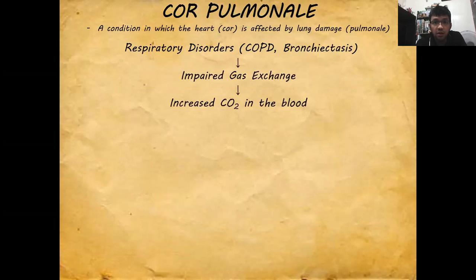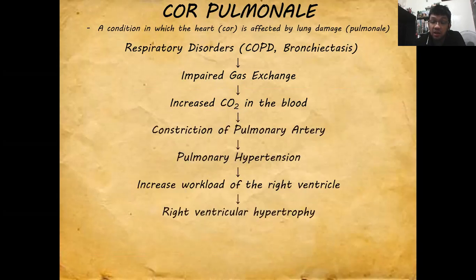So, a condition with left-sided... for cor pulmonale, this is a condition in which the heart is affected by lung damage. This can sometimes occur due to respiratory disorders such as COPD or bronchiectasis. Since the patient has COPD, the patient here is not able to take in that much oxygen, so there's impaired gas exchange.